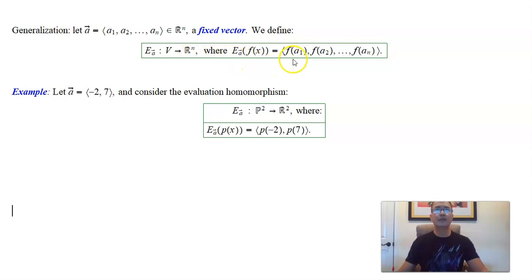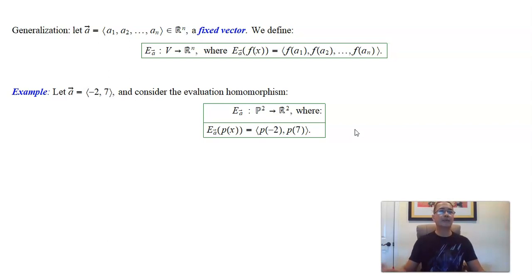So this time, we don't just plug in one number, we plug in all of these numbers one at a time, and we store their outputs separately into the components of this vector. Since it is additive and homogeneous for just one number, it is also going to be additive and homogeneous for several numbers. The details, of course, are in the book, but you can also try it yourself.